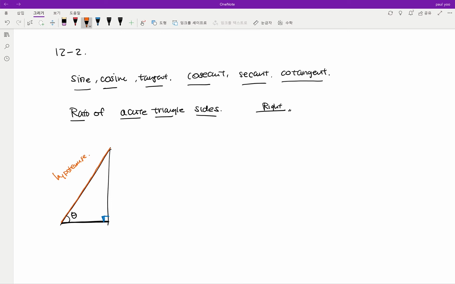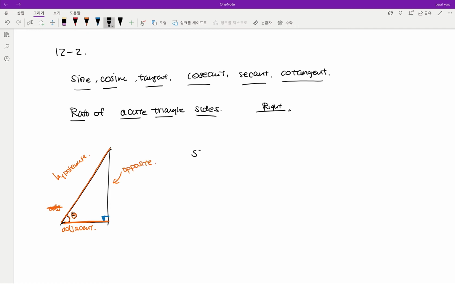Then from the angle that is being formed, there are two adjacent sides, but because the longer one is called the hypotenuse, the shorter adjacent side we call the adjacent. And the one isolated side on the opposite side of the angle is called the opposite.